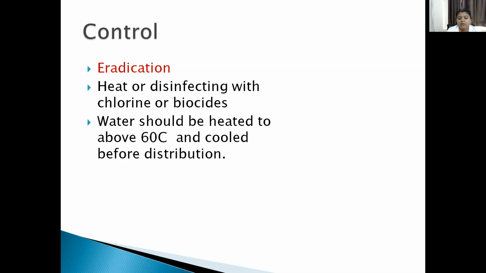If you see the epidemiology of Legionella pneumophila, there is no reservoir, no carrier state, and no transmission from human to human.